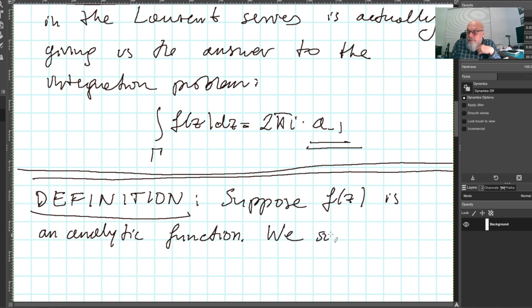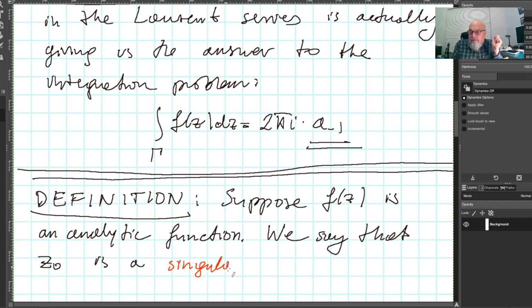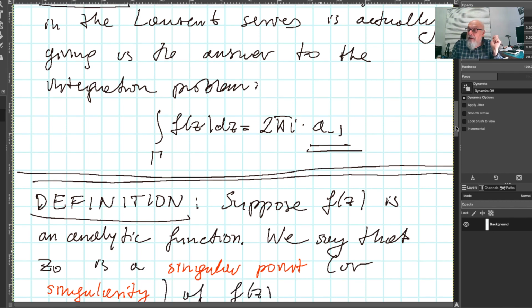We say that z0 is a singular point, or singularity, of f of z.